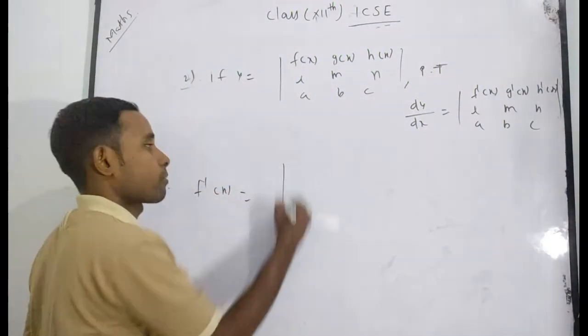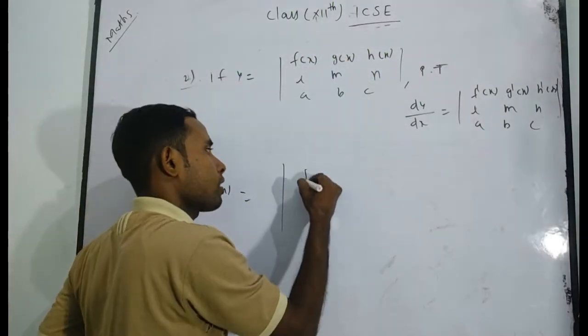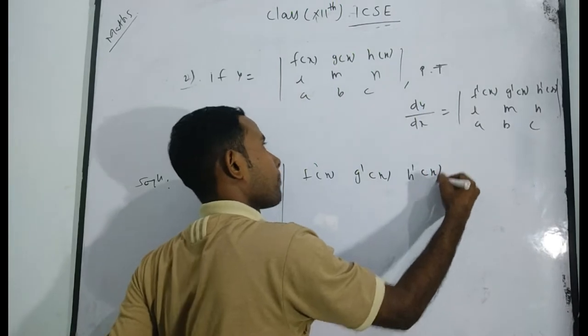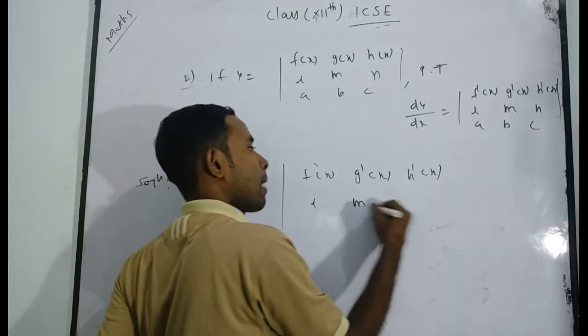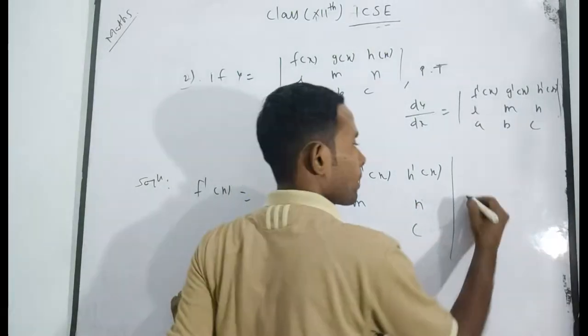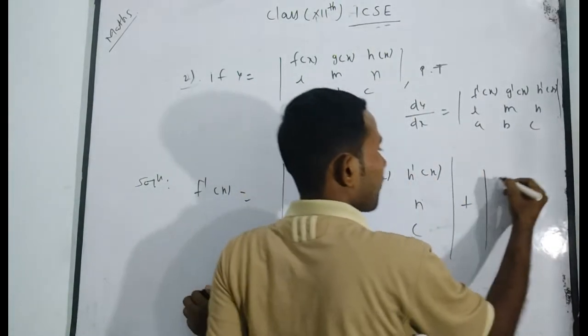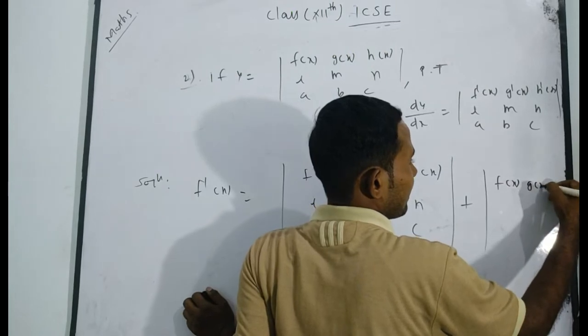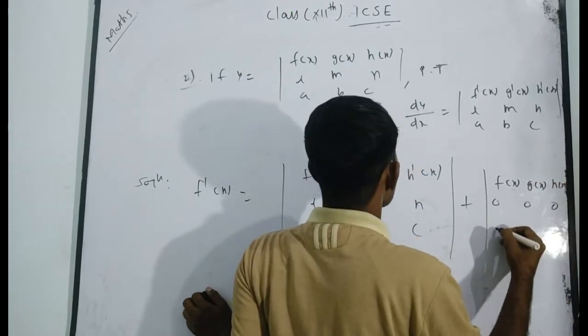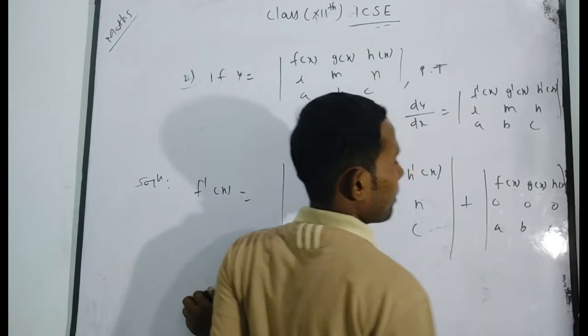Derivative of it will be, firstly differentiate the first row, its value will be f dash x, g dash x, h dash x, and take l, m, n and a, b, c as similar. Plus, now you have to take f(x), g(x), h(x) and differentiate the second row, its derivative will be 0 0 0 and the third row will be a, b, c.